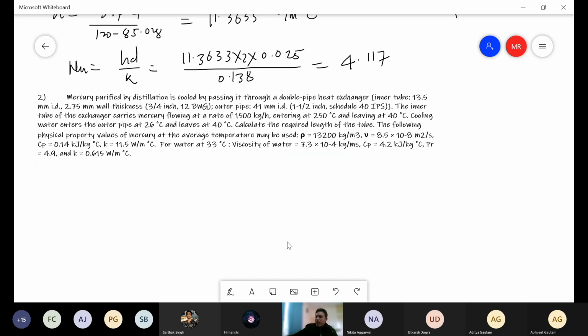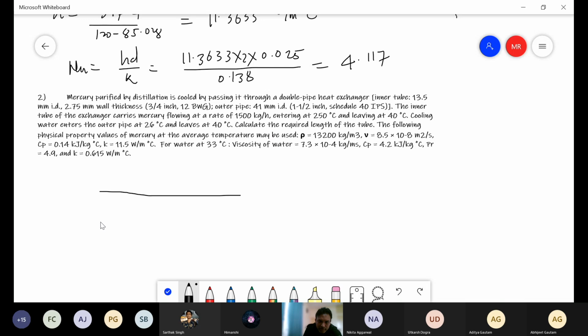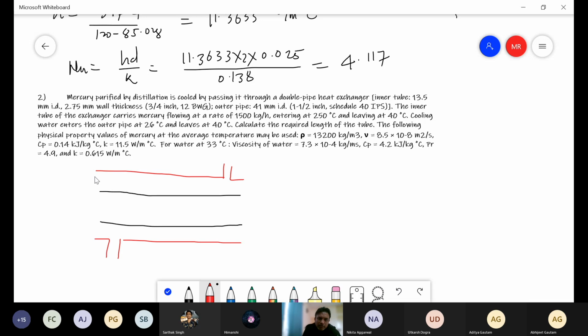Okay, the second problem is interesting. There is a double pipe heat exchanger. I will draw it again for your understanding. So this is the double pipe heat exchanger.